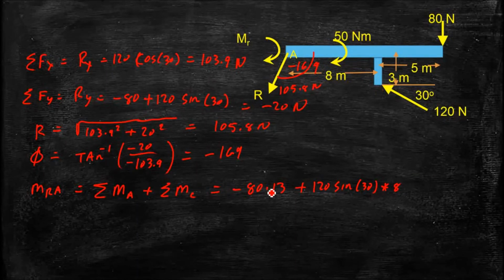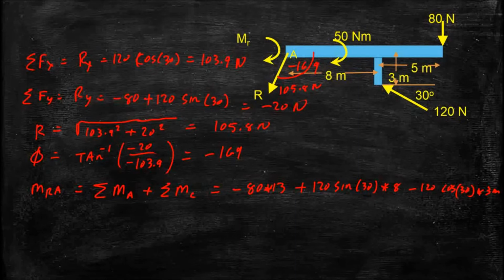Times 8. And I have the x component of this force, which is at 3 meters down here. So that's going to generate, again, a clockwise moment, so that'll be negative 120 cosine 30 times 3 meters.